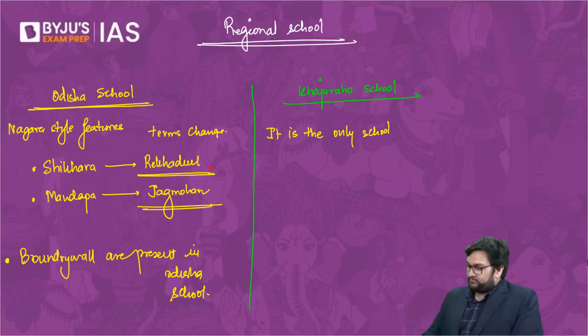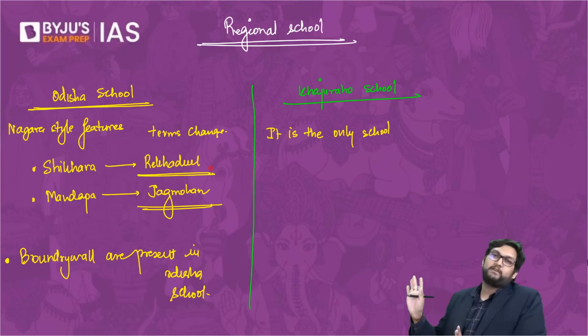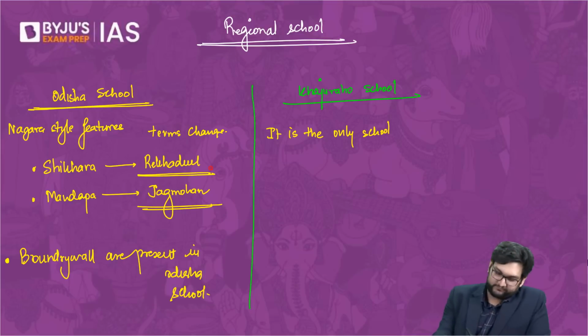I'll go to Khajuraho. I know here also you will get stuck over something which I will not explain. It is the only school which follows all the features of the Nagara style.